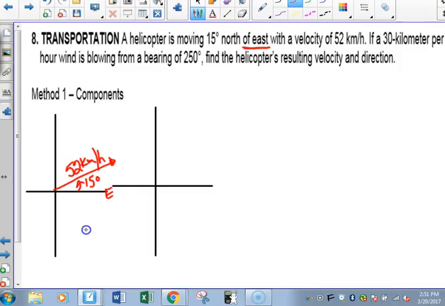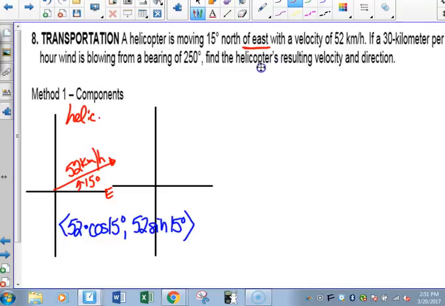So to find the components, what are we going to type, guys? The length is 52 times the cosine of 15, and 52 times the sine of 15. And I'm not going to bother with those decimals yet because we're going to use them in a second to add it, so I'm just going to leave it. Then that was the helicopter.